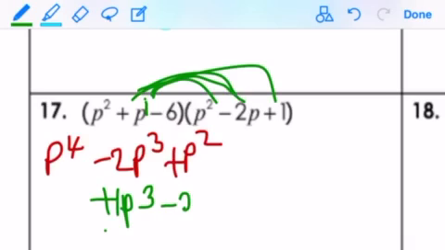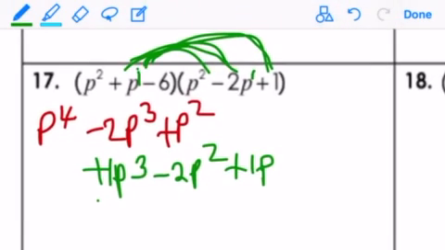That's -2p to the 1 plus 1, p squared. All right, then my last one there, p times 1 is just p. So I'll put plus, and then I'm going to go ahead and put the 1p because I think I'll have to combine it later. So I'll put the coefficient in front for now.